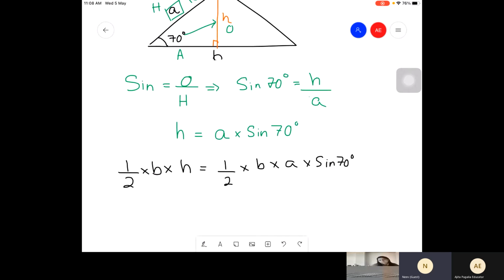Half base times height. This is the height part, which we found by using the trigonometric concept, and the base was already given to you, so I could use this formula to get my area.